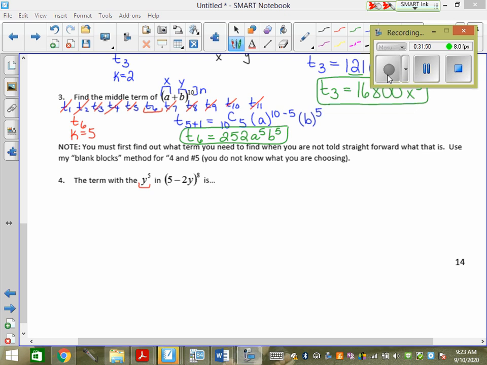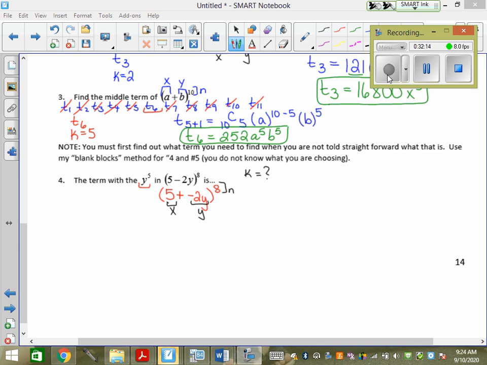So let's go through. I'm going to first rewrite this as 5 plus negative 2y to the 8. This is my x, this is my y, this is my n. K is to be determined, because we don't know what k is right now.